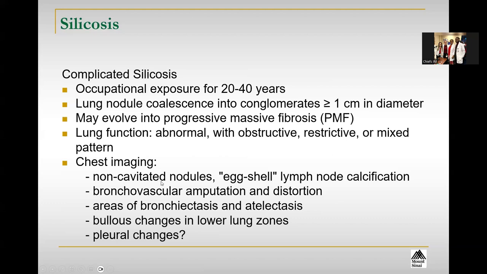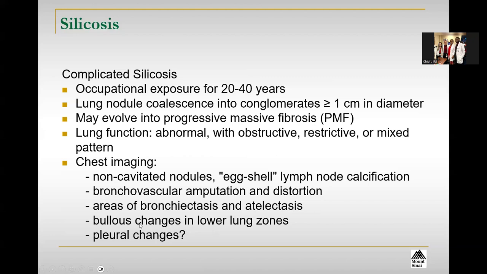And so other findings in chest imaging include that these nodules are usually non-cavitated, and silicosis can cause eggshell lymph node calcification. I'm going to show you that in a moment. It is not pathognomonic of silicosis, but it's one of the most frequent causes of that particular pattern. And these masses can cause bronchovascular amputation and distortion, areas of bronchiectasis and atelectasis.